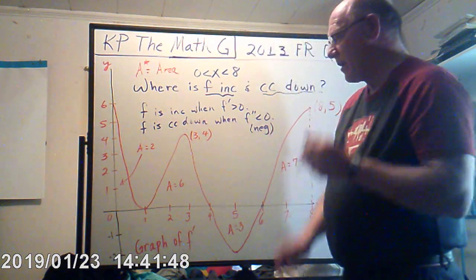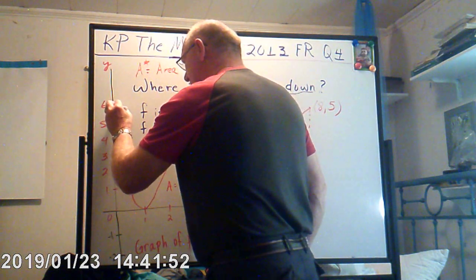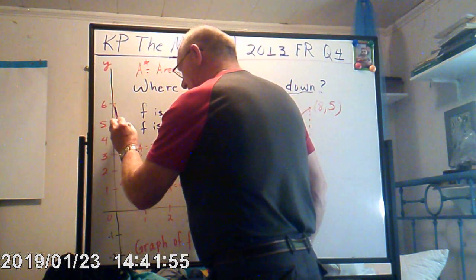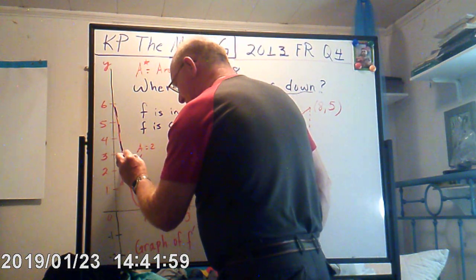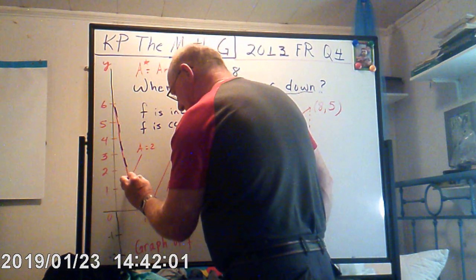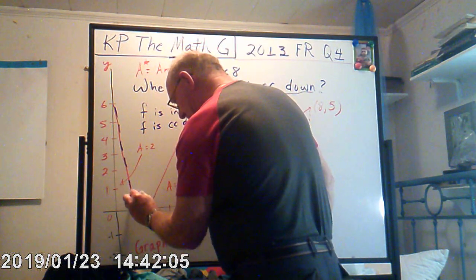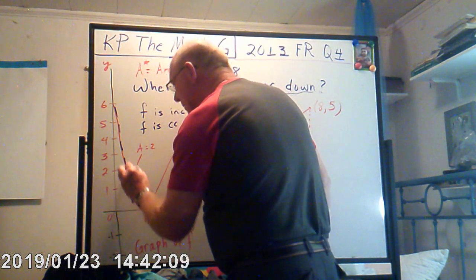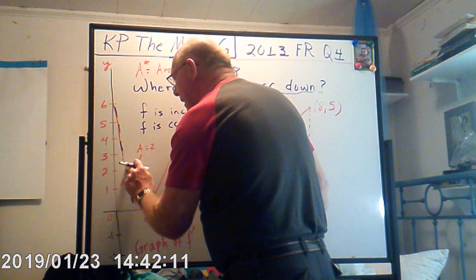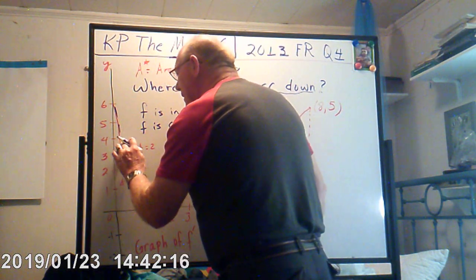Is f concave down on the interval 0 to 1? Well, let's look at the slope. Let's just pick some points here. We'll make a slope right there and a slope right here. Which way are those individual slopes leaning? We'll put a tangent to the line on the outside.